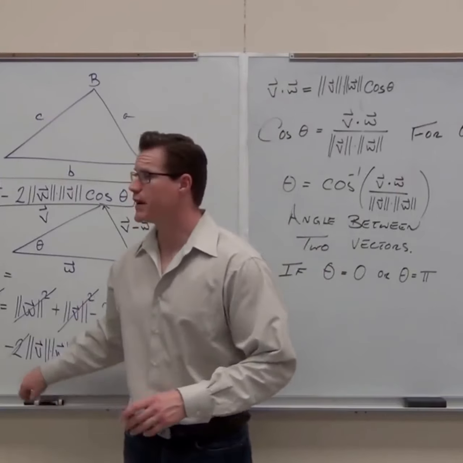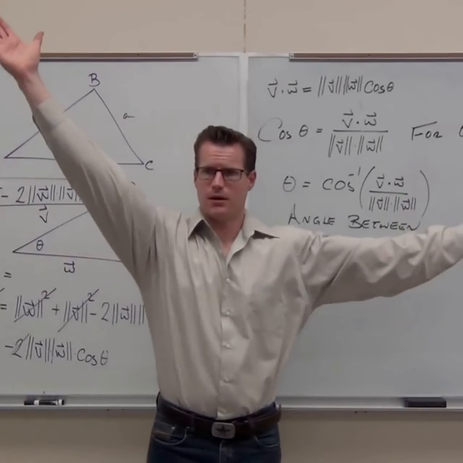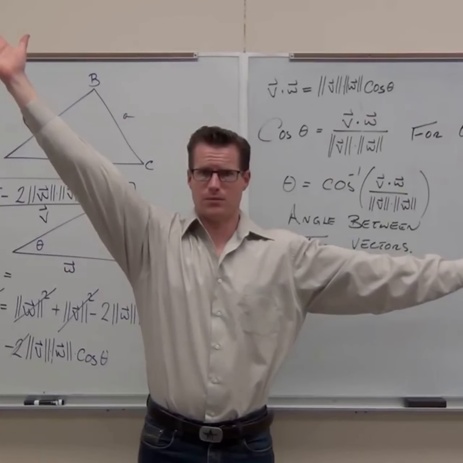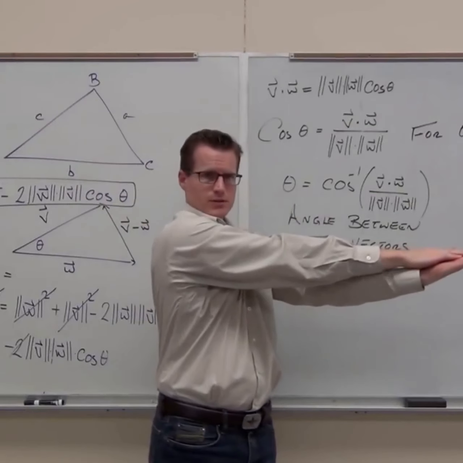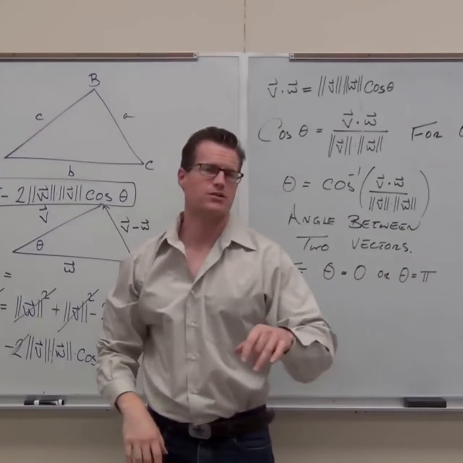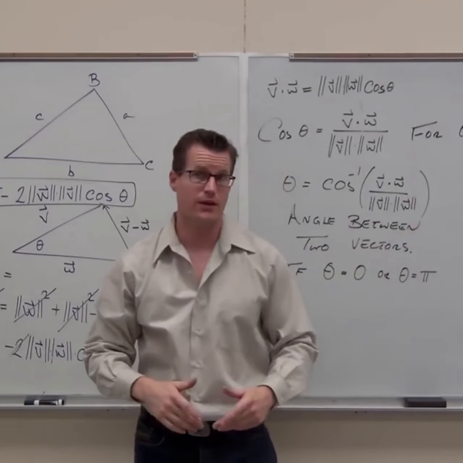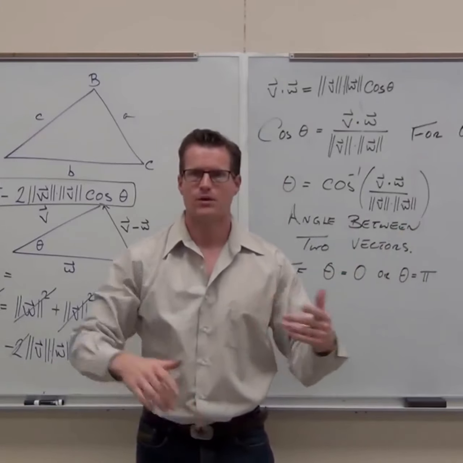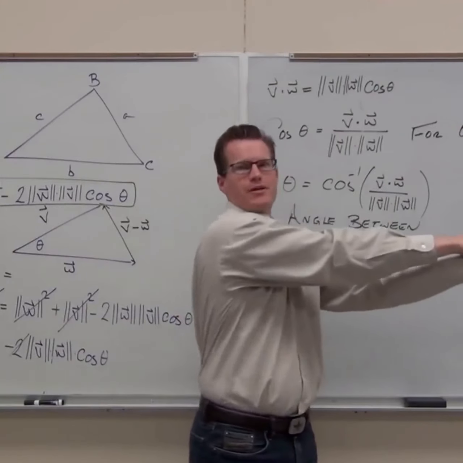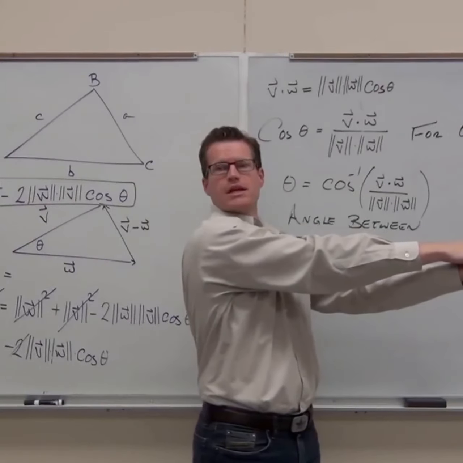Think about if you have two vectors and the angle is 0 between them. Tell me something about those vectors. Oh, wait, same vector? What if they're different lengths? Are they the same vector? No. I love how one of you said same unit vector. What's the same unit vector mean? Yeah, you're right. Same direction.